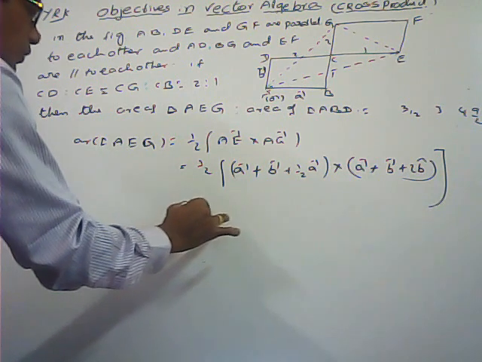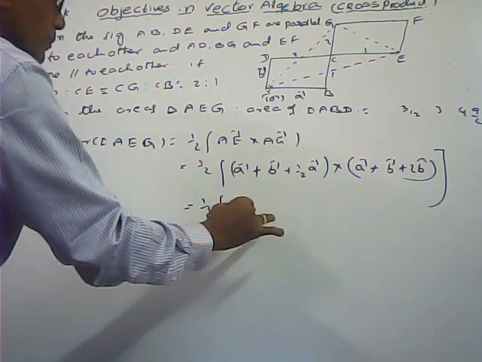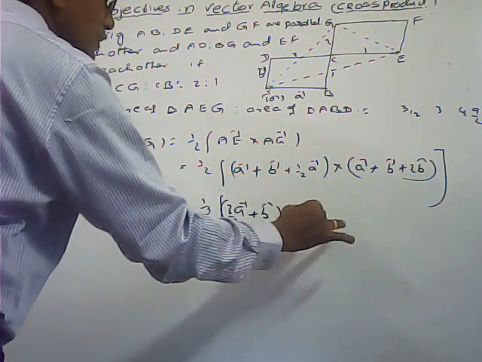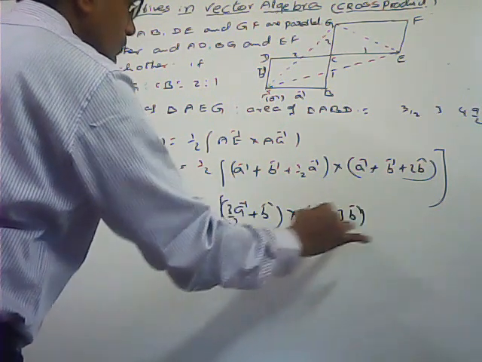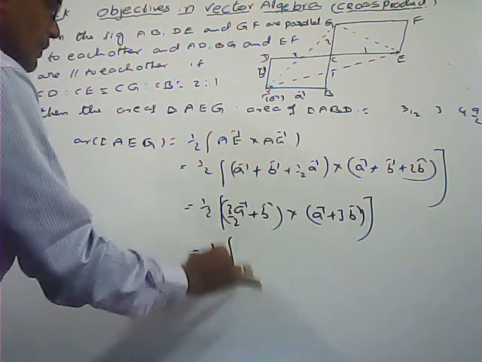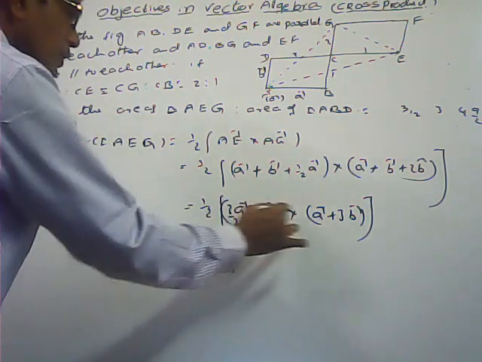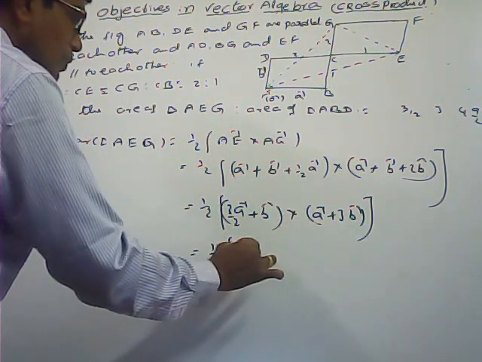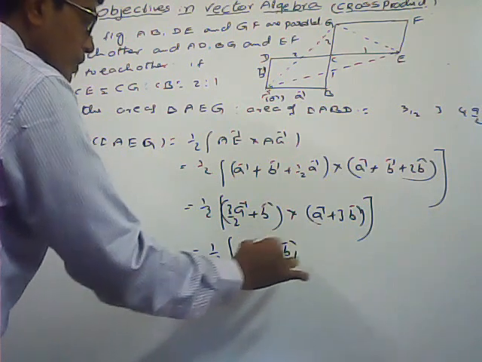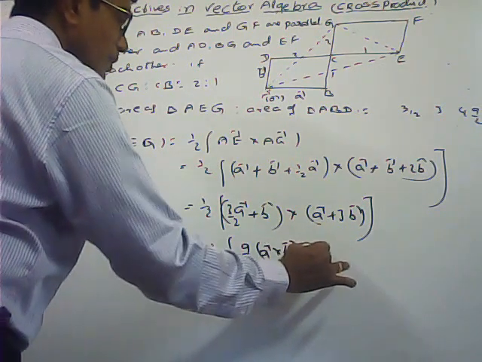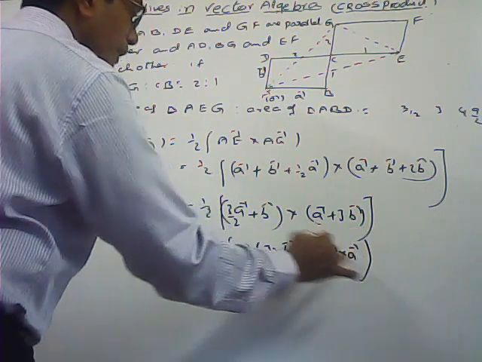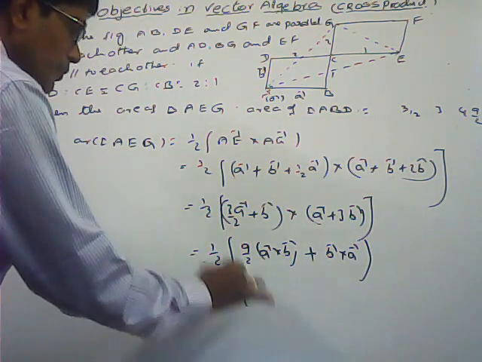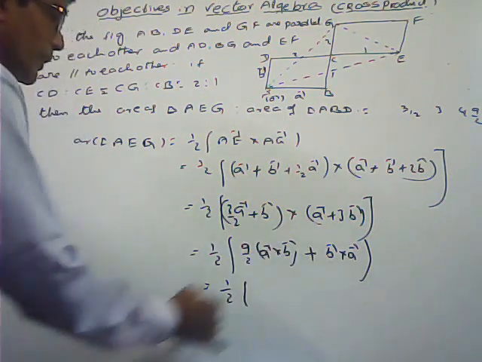So that is equal to half into 3 by 2 a bar plus b bar cross a bar plus 3b bar. Now if I do the cross multiplication, a bar cross a bar is 0, 3 3 are 9 by 2 a bar cross b bar, plus b bar cross a bar, again b bar cross b bar is 0. So that is equal to 1 by 2, minus a bar cross b bar, we can write minus 1.